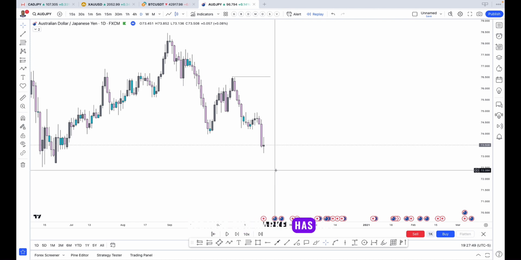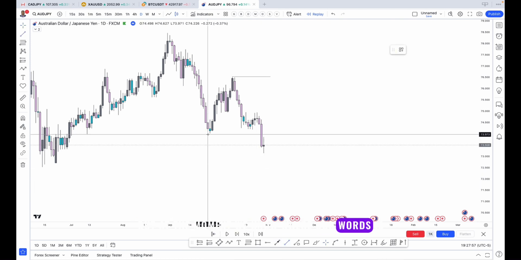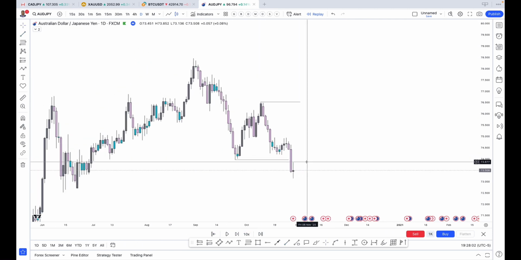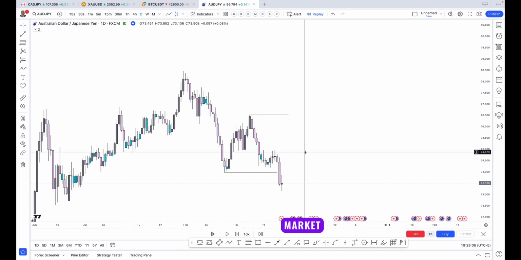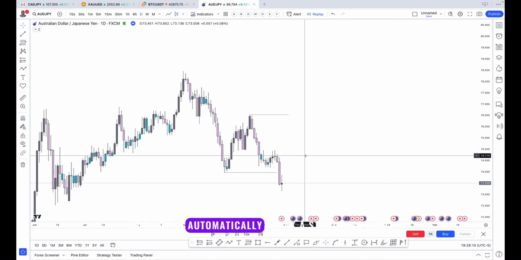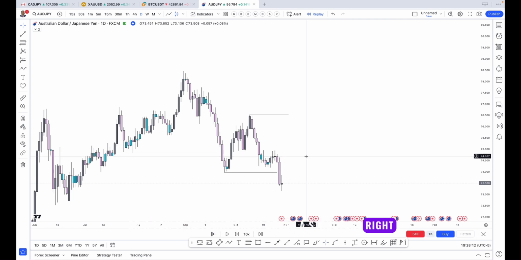Because our market has not started making an internal low or high. But at the moment, we know where our what is. We know that we had a break of structure. Now, what is a break of structure? A break of structure is when a market removes a high or a low, it automatically breaks a structure, right?